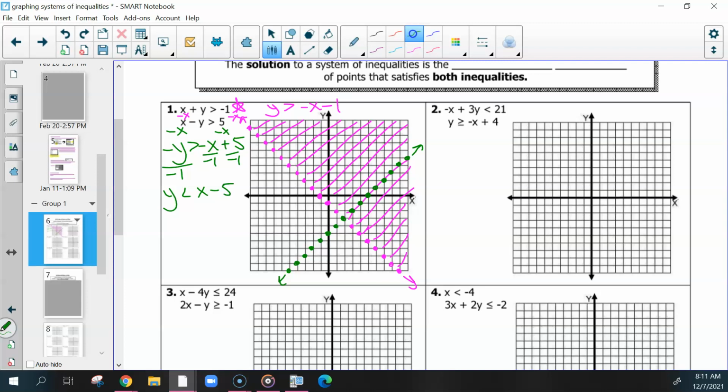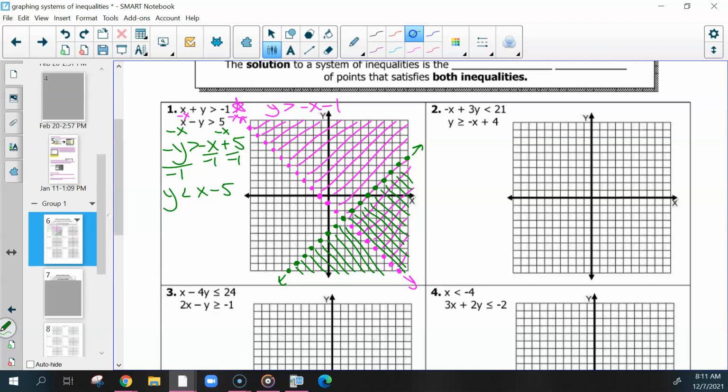So this would have lines that look like this. I purposely avoided my dots, but that would be included as well.